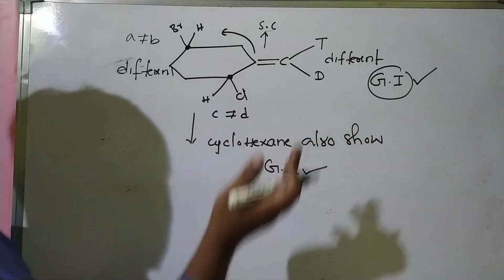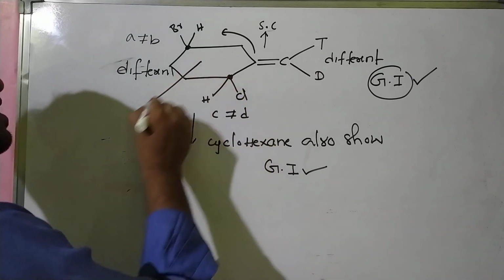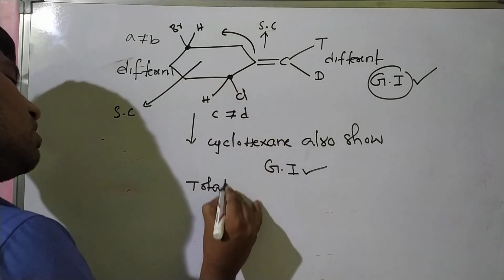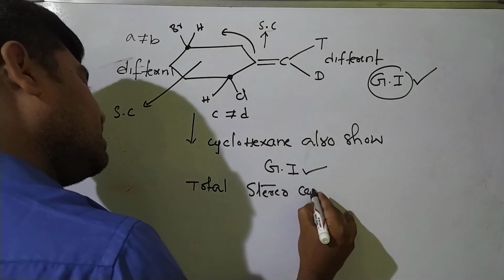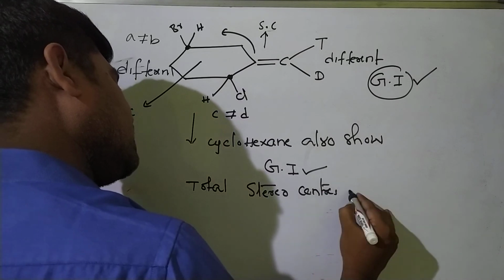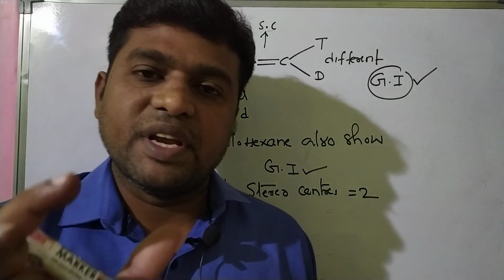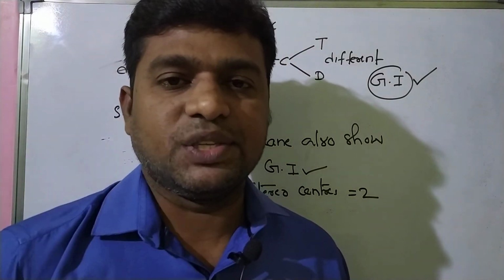So how many stereo centers here? This is one stereo center, this is another stereo center. So total stereo centers in this compound equal to 2. This is a very, very important topic for Z students and main students.